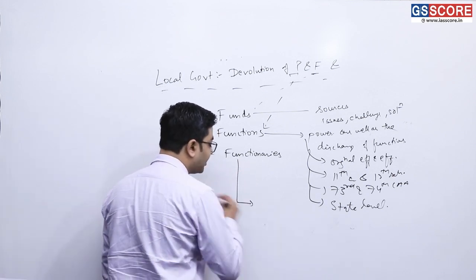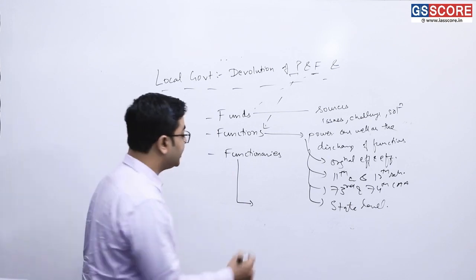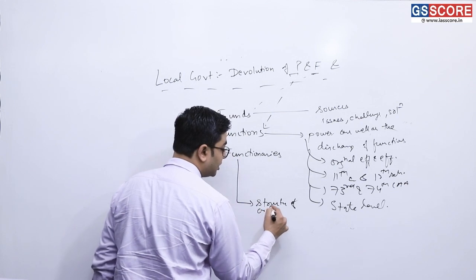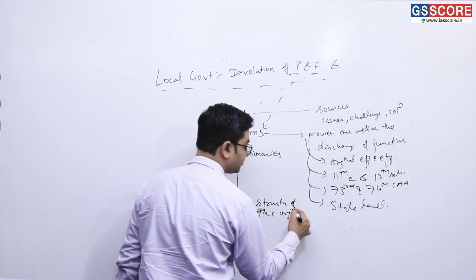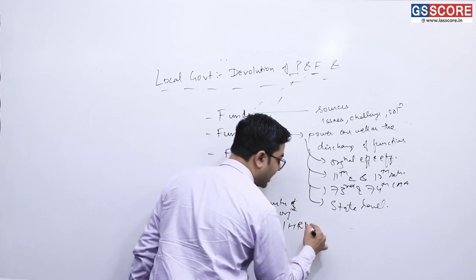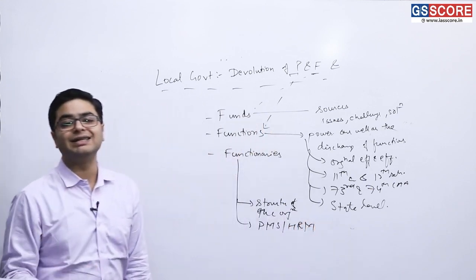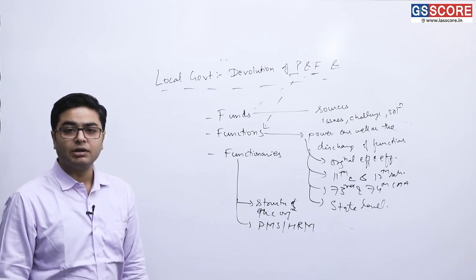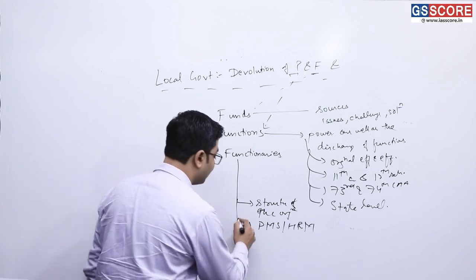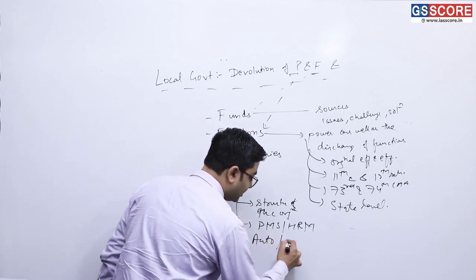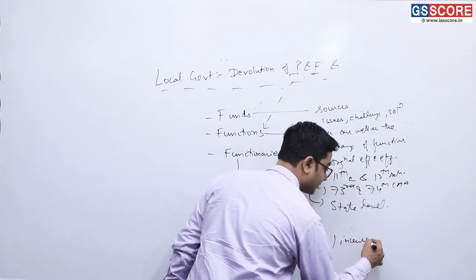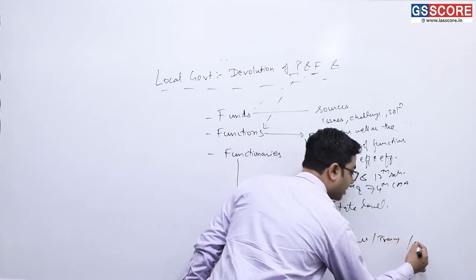Then vis-a-vis functionaries, issues related to the structure of the organizations, the personnel management system or the human resource management followed at these levels. How are functionaries related? What is their level of autonomy, dependence, incentive, training, and capacity building?